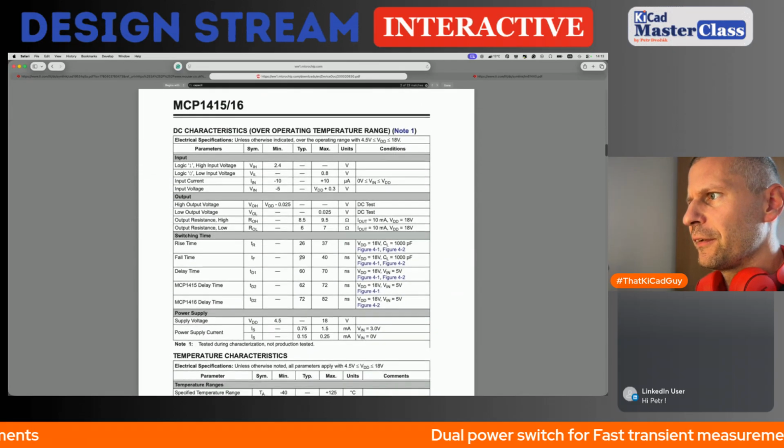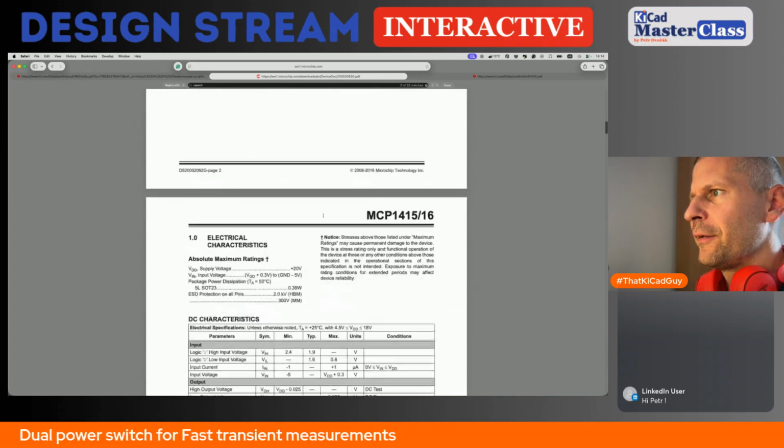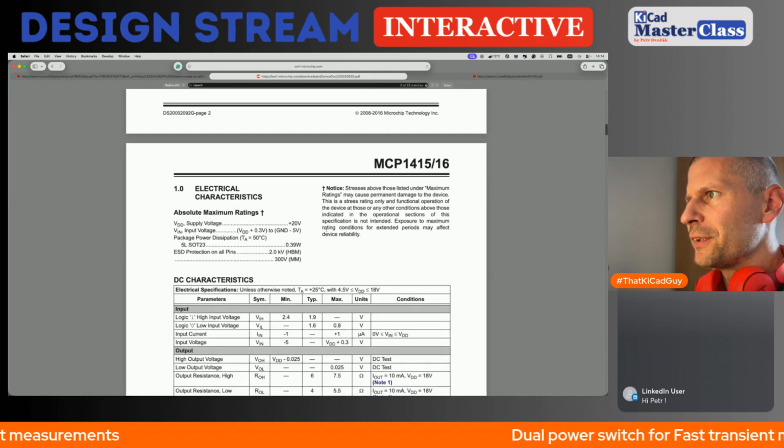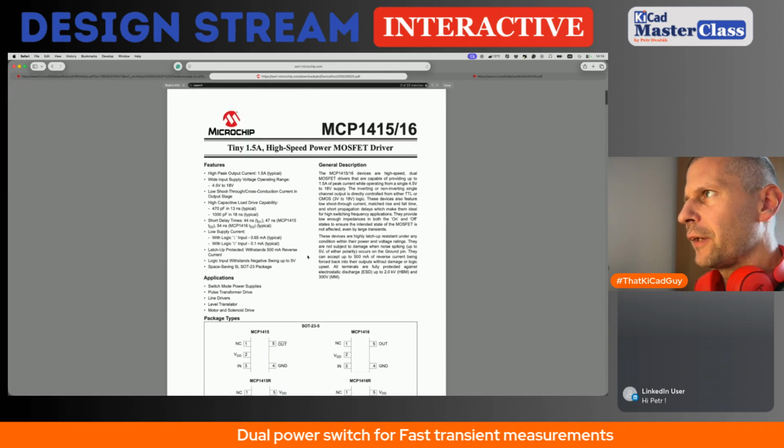I can't see it, but definitely not more than the power supply voltage. And I want to not be limited by the voltage of the gate driver.